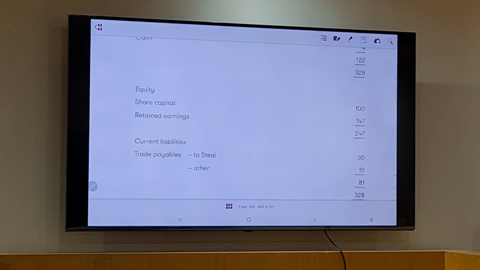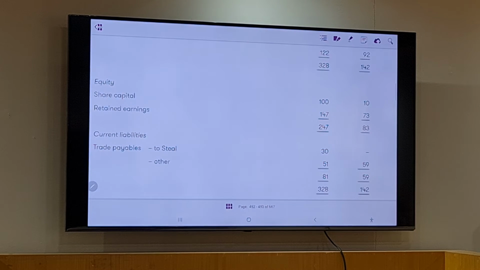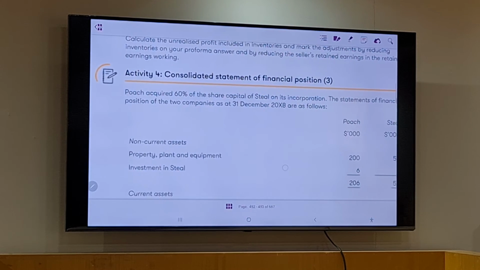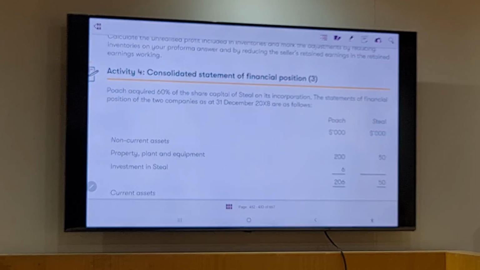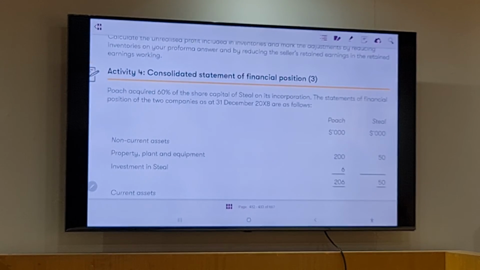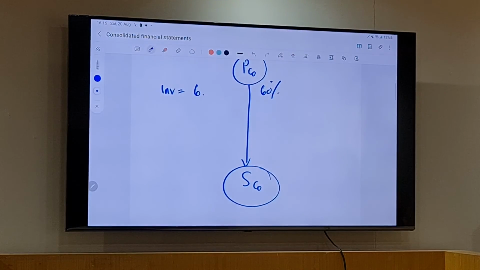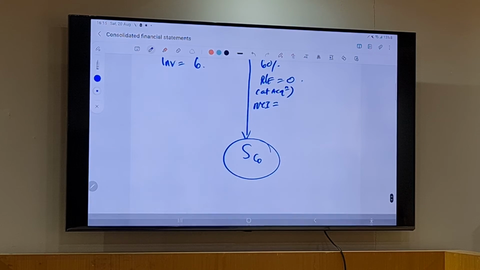Now, if you look into the retained earnings, they say acquisition and incorporation on the same day. So could there be any pre-acquisition reserves? No. So retained earnings is 0 at acquisition. And then NCI, 40%.